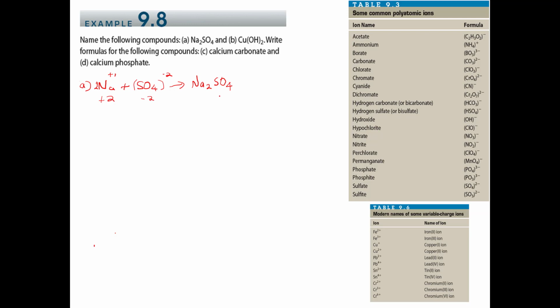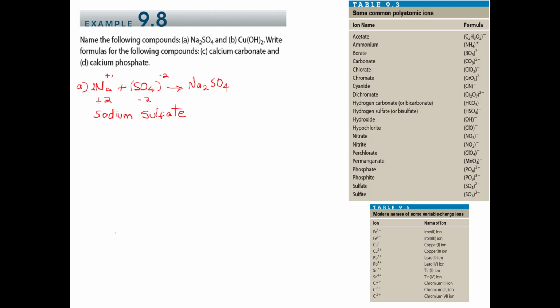Then the name of this compound will be the name of the metal, which is sodium, and then the name of the polyatomic ion, which is sulfate. And the name is sodium sulfate.